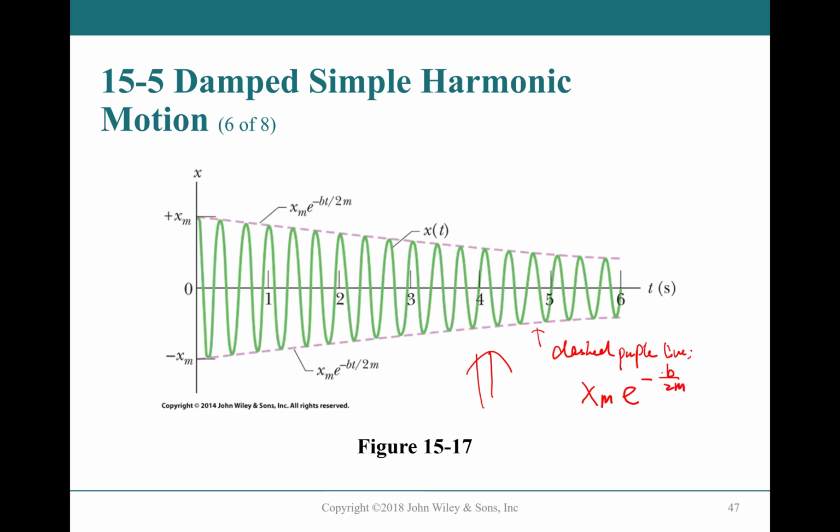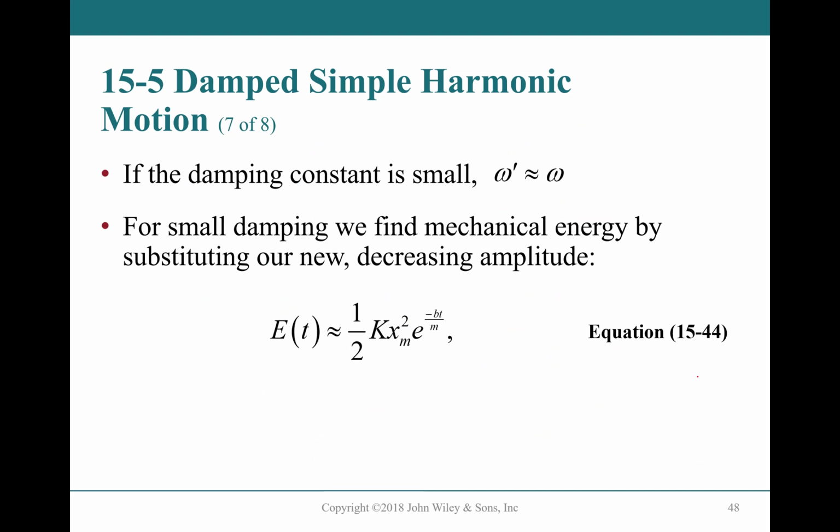So it's an exponential decay, depending on the damping constant. And if the damping constant is very small, then omega equals omega prime. They are almost the same. And then we have a decreasing amplitude and decreasing energy as a function of time.